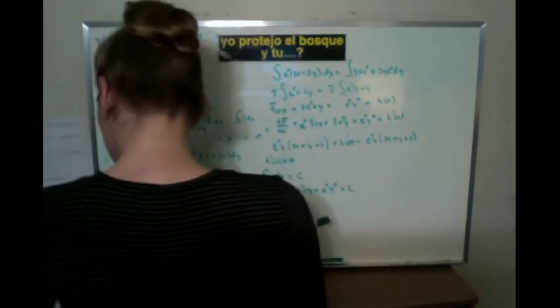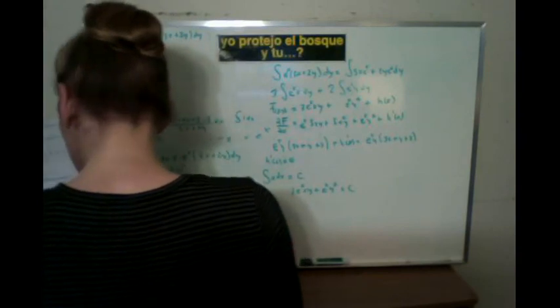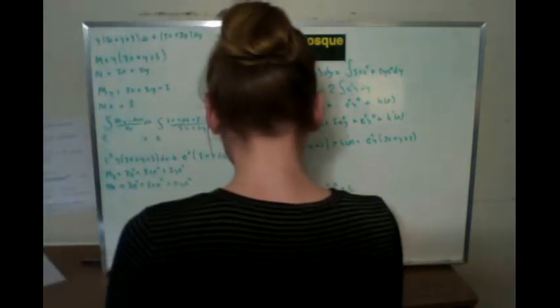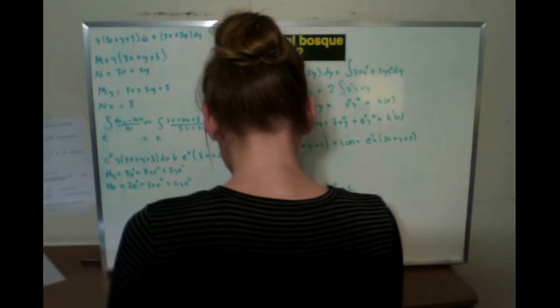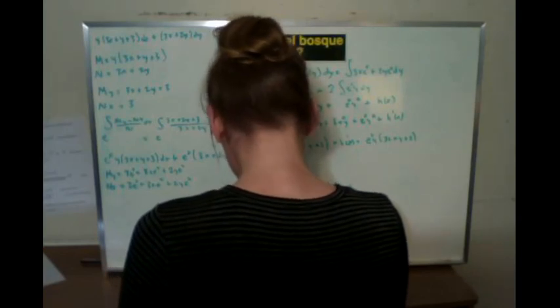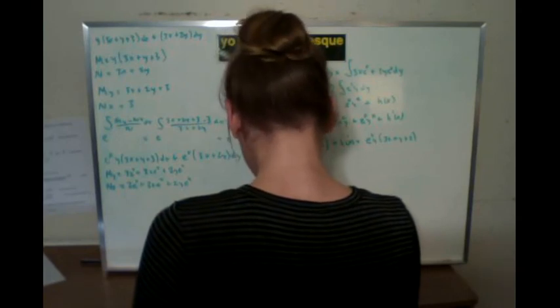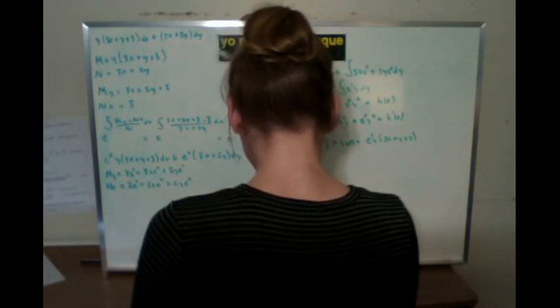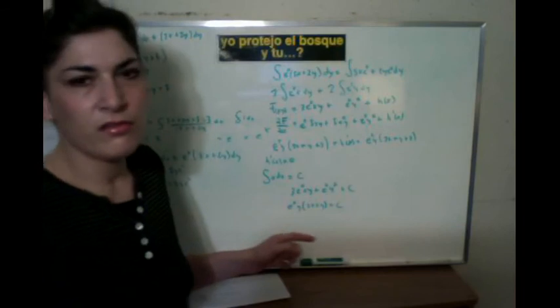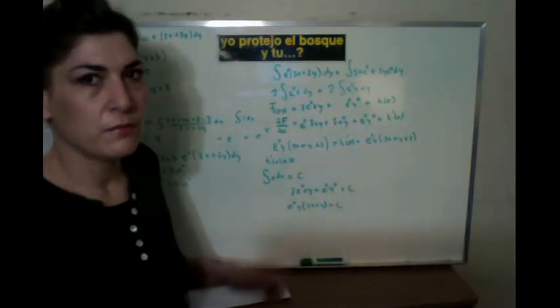Simplifying, we get e to the x times y times (3x plus y) equals c. And this is the solution to our differential equation. Thank you.